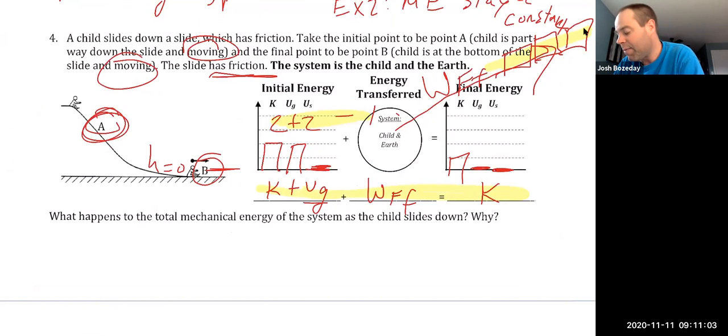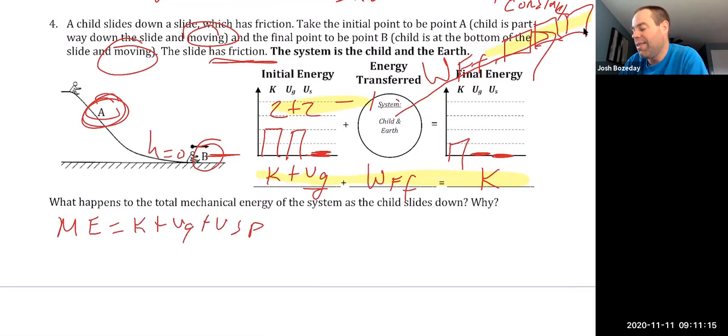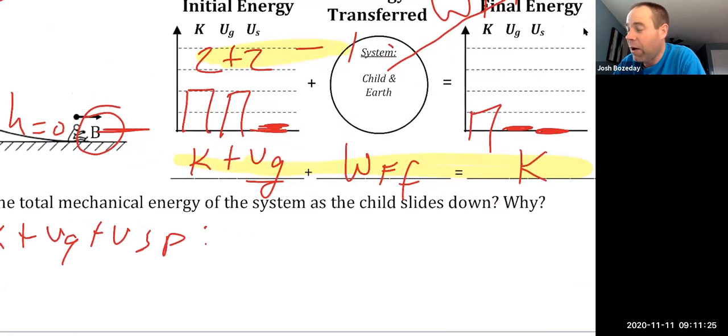So again, let's think about our mechanical energy of the system. Mechanical energy is K plus UG plus U spring. And what we see is that there's less at the end. So there was more mechanical energy at the beginning than at the end. What I would say about that is, because the work of friction removes energy from the system, there's less mechanical energy at the end.